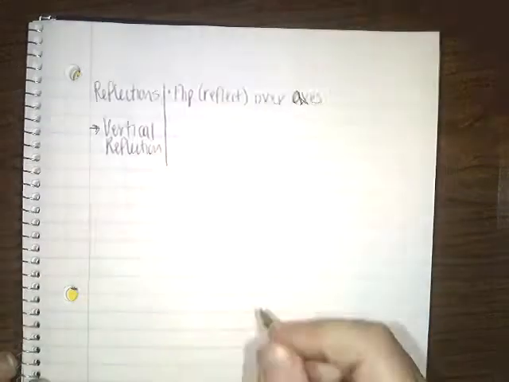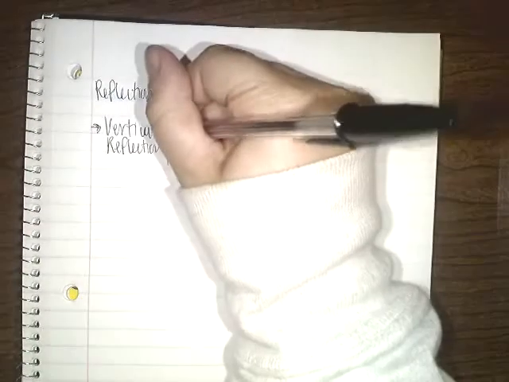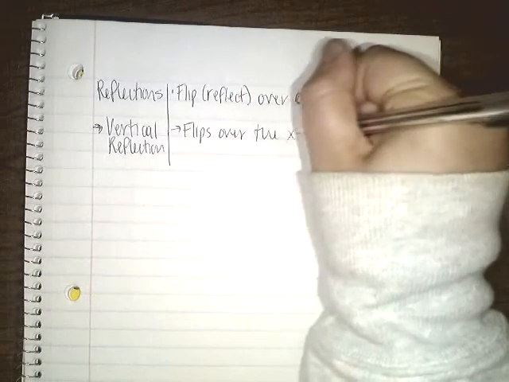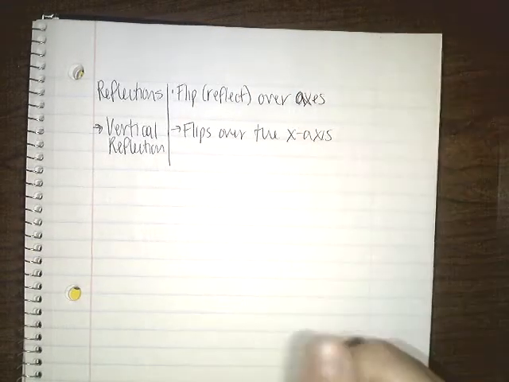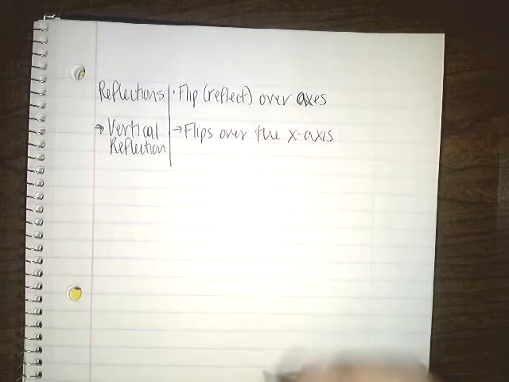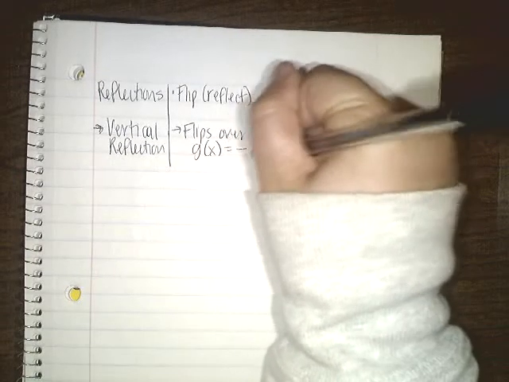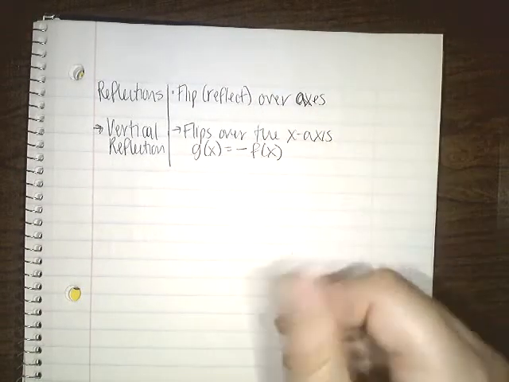A vertical reflection flips over the x-axis, and this is written as g of x equals negative f of x, so the negative goes in front.